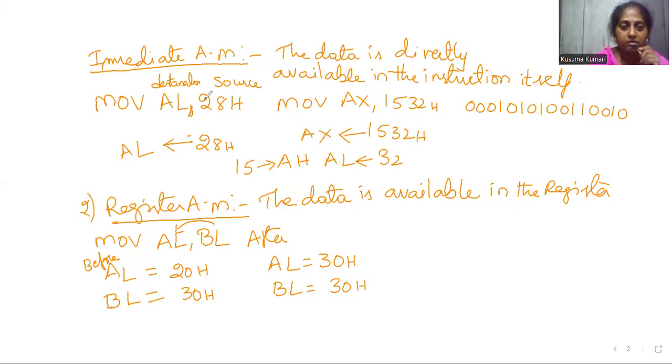In immediate addressing, the data is specified in the instruction itself. That's why it is immediate addressing mode, and this is register addressing mode. After this, the BL register contents are transferred to AL, so AL becomes 30 and BL remains the same, 30.